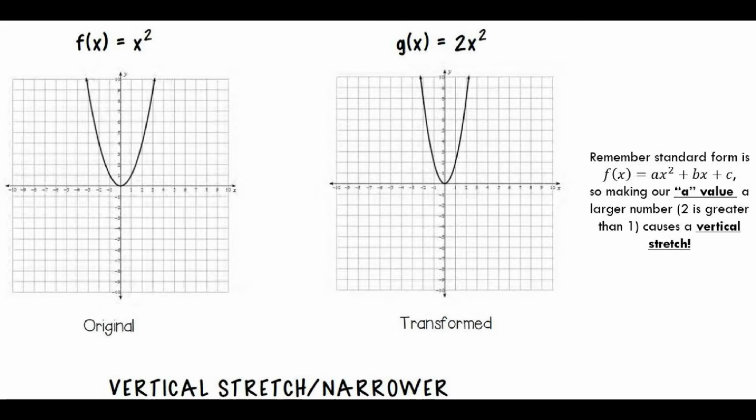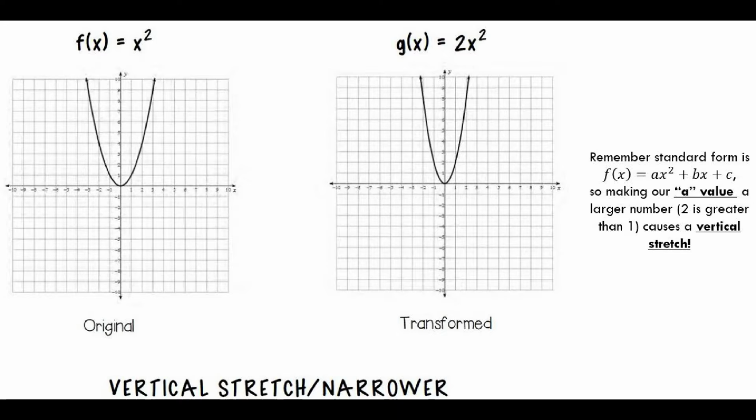So if I wanted to make my graph more narrow, or make a vertical stretch, I would change it to 2x squared or 3x squared or 4x squared, any number larger than 1. If my original graph was something like 2x squared, then I'd have to pick a number bigger than 2. So like 3x squared, 4x squared, 5x squared. If you're still writing, just pause the video.